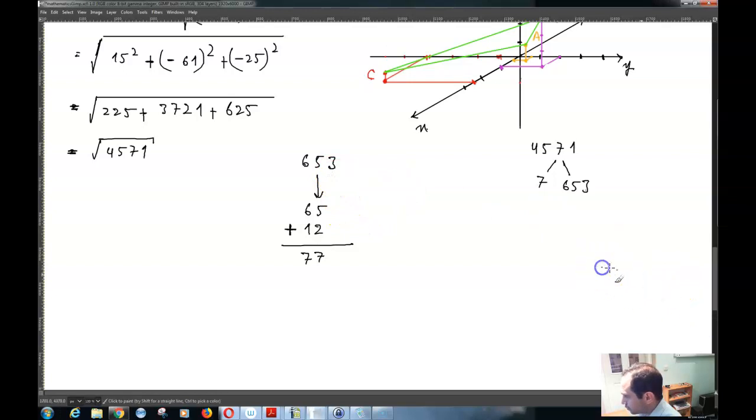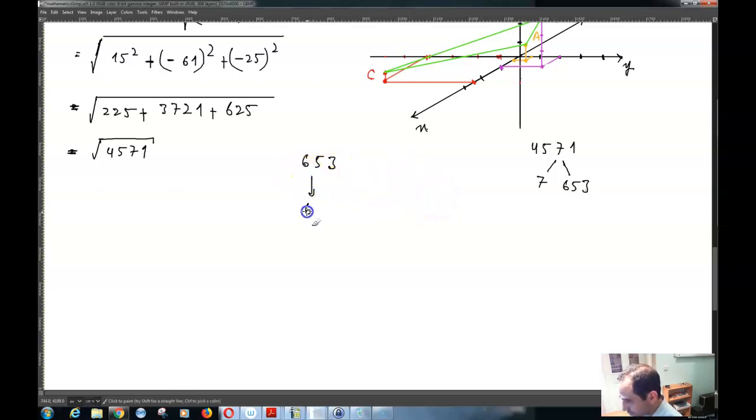Then there is divisibility by 17. For divisibility by 17, with 653, you subtract 5 times the last digit from the remaining leading truncated number.